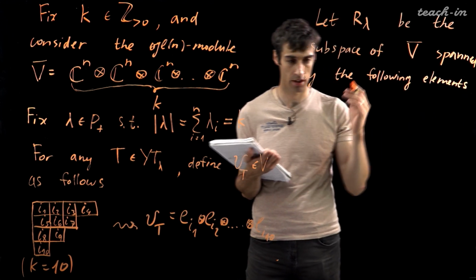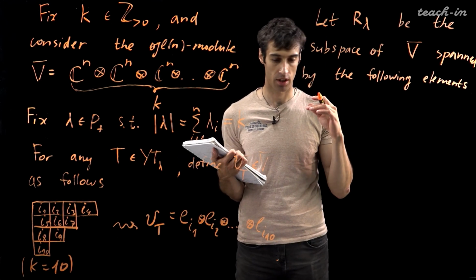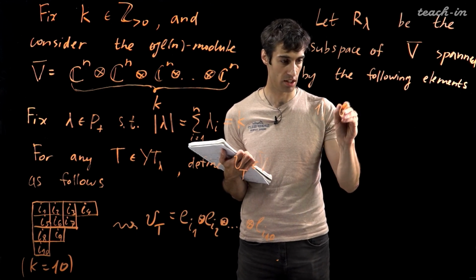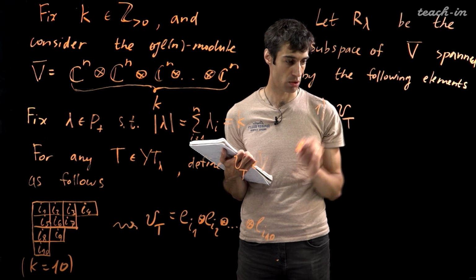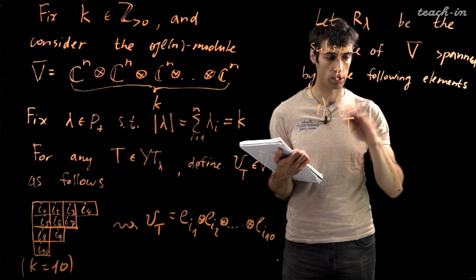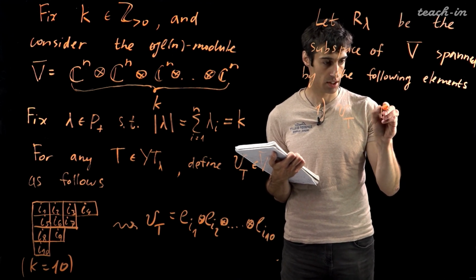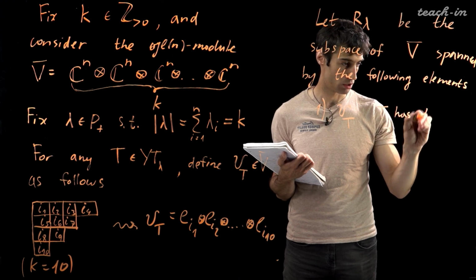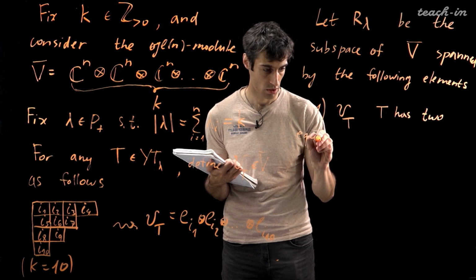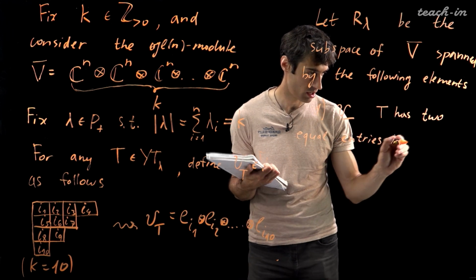So I will have a lot of elements, but they will be of 3 different types. Type 1 is the following: Vt corresponding to Young tableaus T such that T has 2 equal entries in a column.